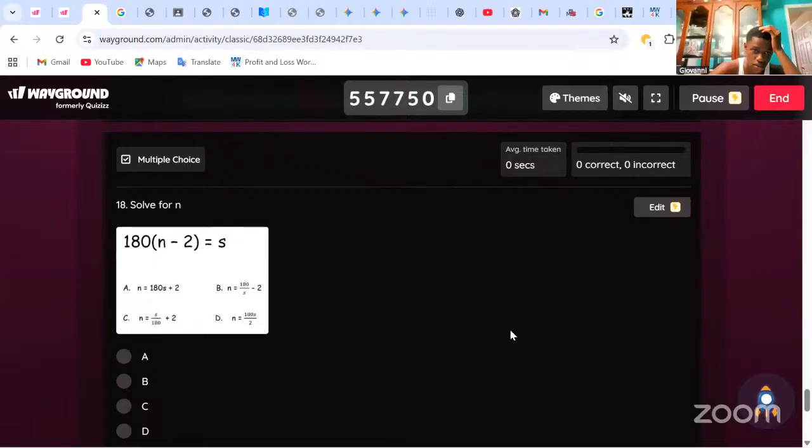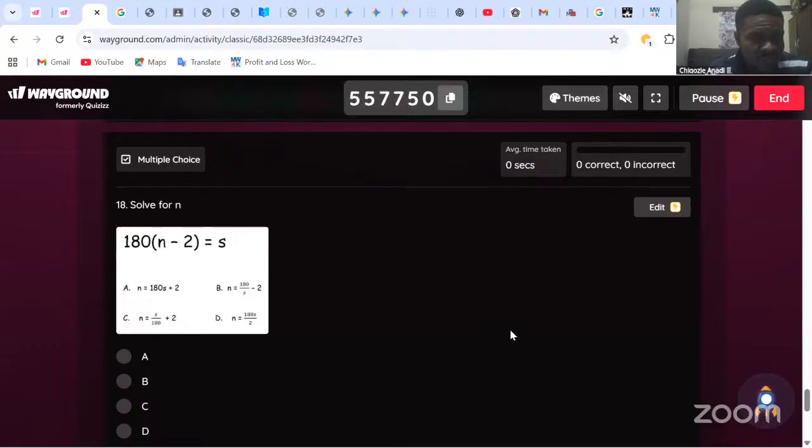Good. When it comes to questions like this, opening the bracket is the right step. But if you look at the options now, you can see that there's no option of 360 there, meaning that they had to simplify further.